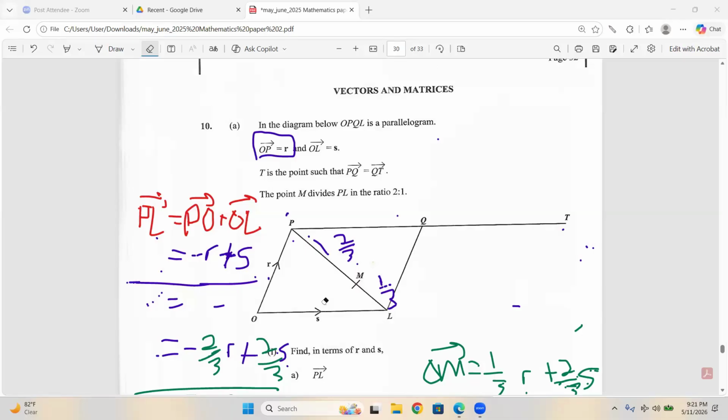It's something similar: we don't know what the scale factor is right now, but I could figure it out. OM is smaller or shorter in length than from M to T, which we could literally see is longer. So MT is probably 1.5 or twice the size of OM, but we have to prove that.